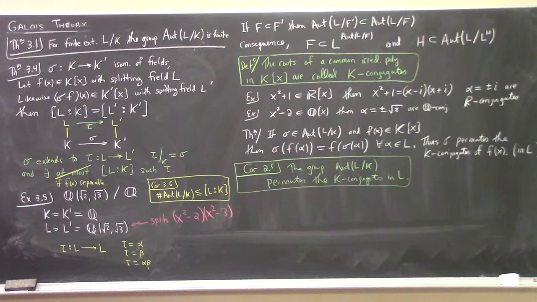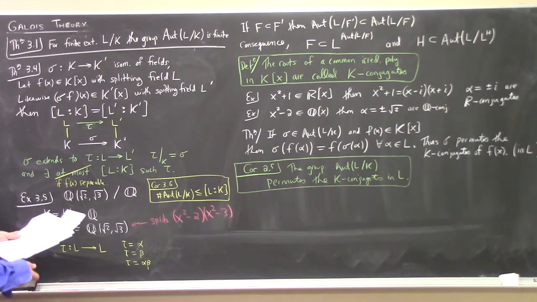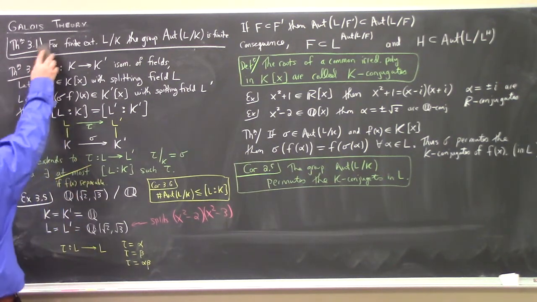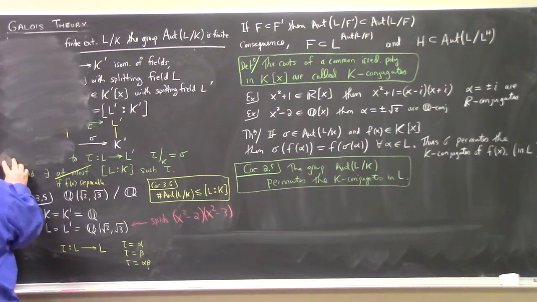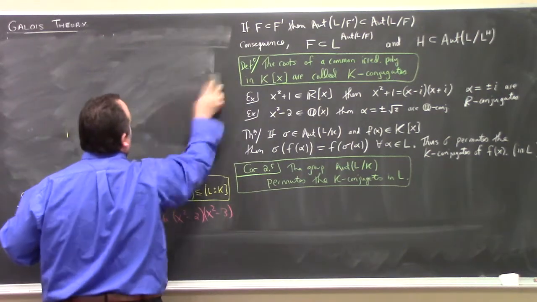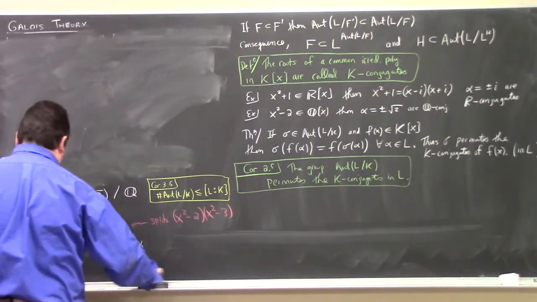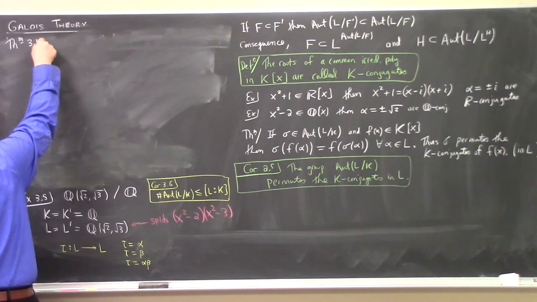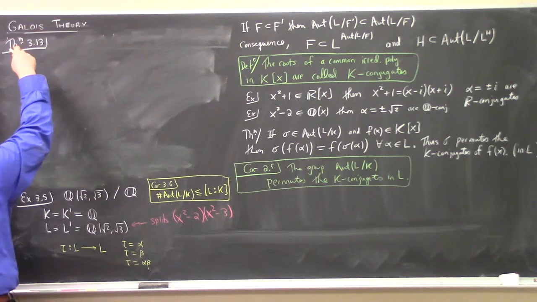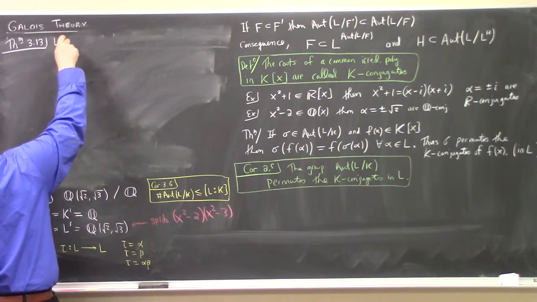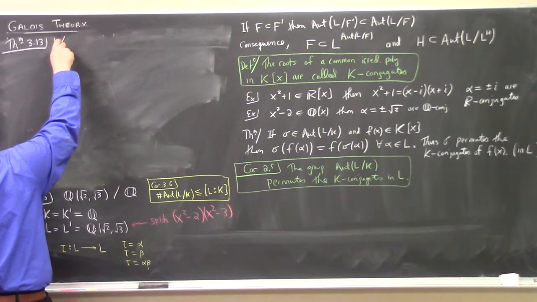So let's see here. Goodness. I think I can erase this. I'm going to erase this theorem now, and replace it with a laundry list of nice, pretty much equivalent ways of, well, I don't know if these are equivalent, it's an if-then.